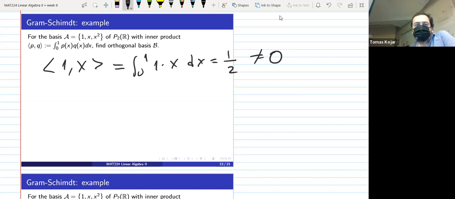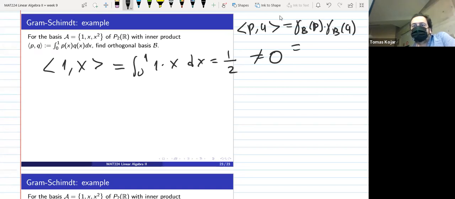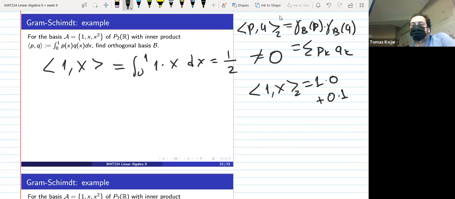And by the way, just to remind you, there's another inner product given by the coordinate map. And this is a summation of p_k q_k, and here they are orthogonal. So let me call this inner product 2. So the inner product of 1 and x in 2 is equal to 1 times 0 plus 0 times 1, which is 0.